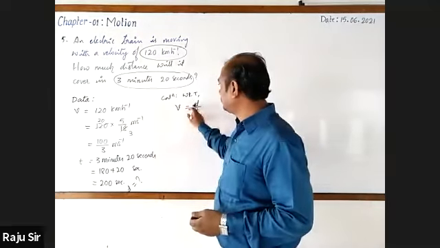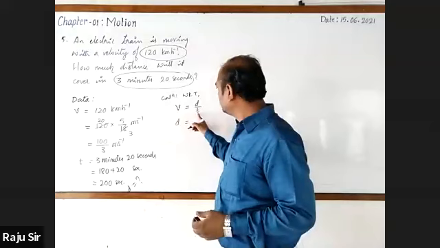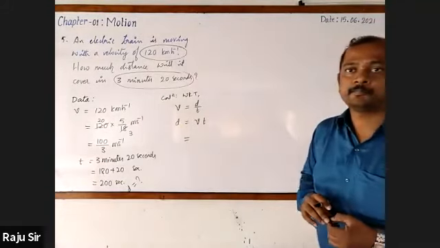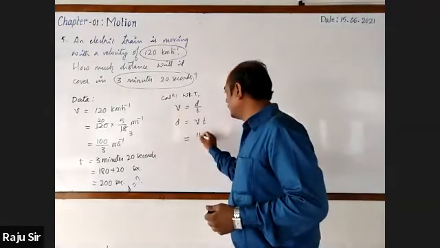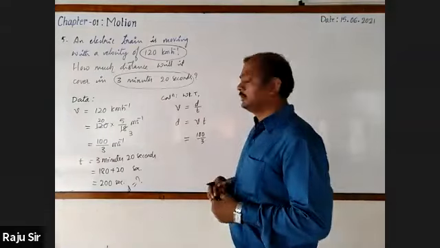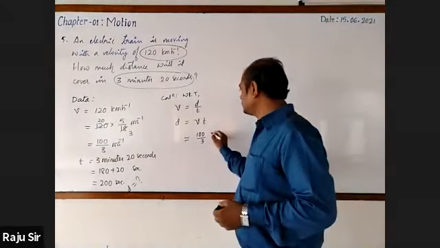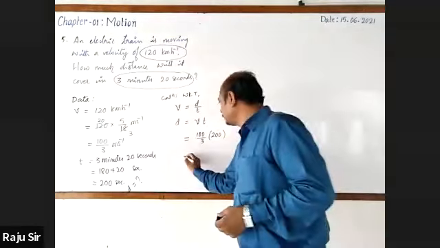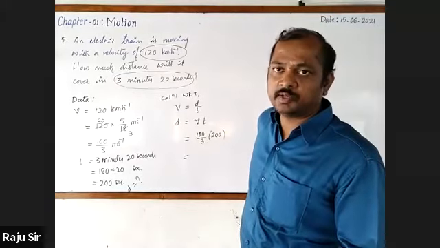As we need the distance, we can write D is equal to V into T, where V is velocity, 100 by 3 meter per second, and time is 200 seconds. V represents speed or velocity; anyone can be taken.